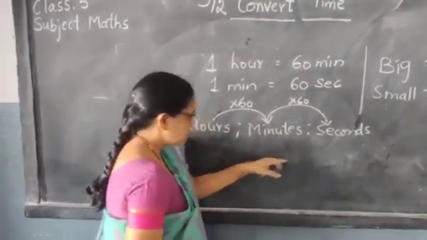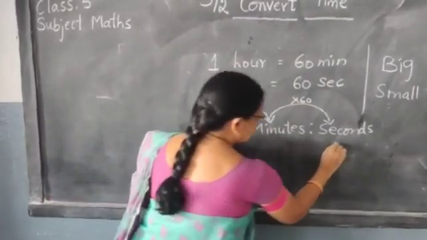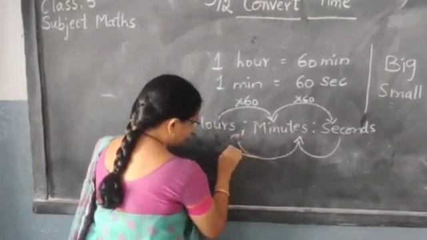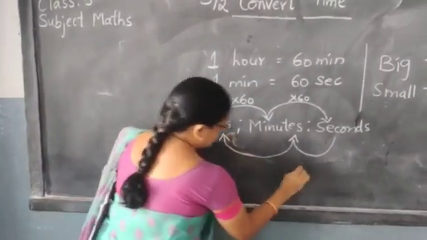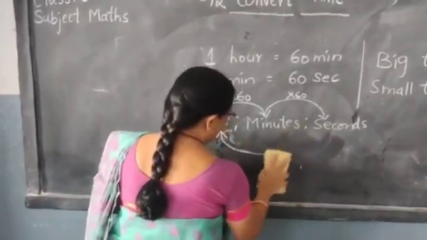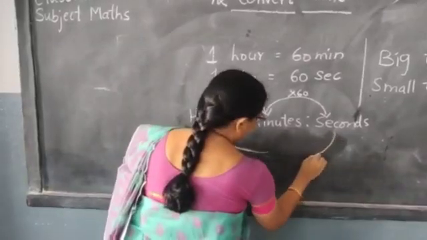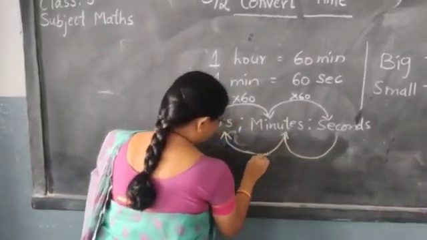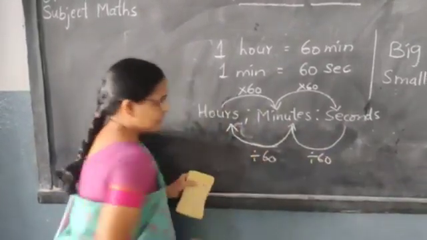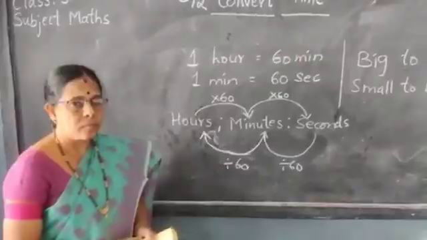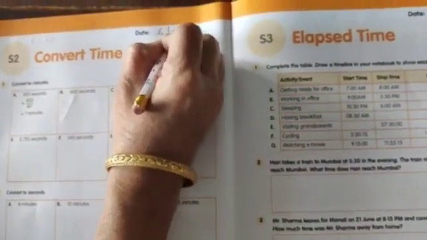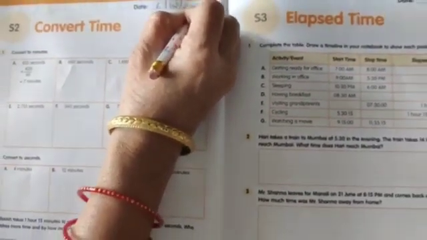When you are converting smaller unit to bigger unit, you have to divide by 60. Write the date: 6-2-2021.